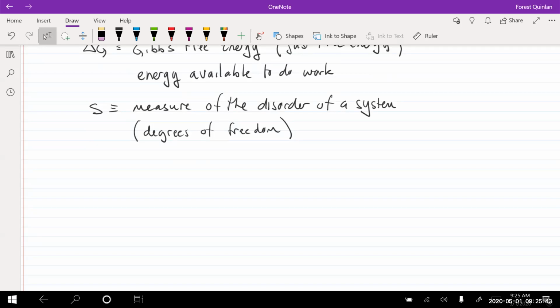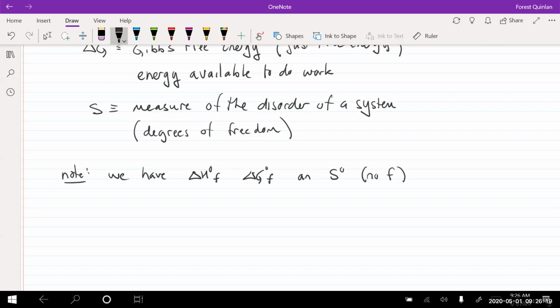Now, I also want to note something here. We can have delta H naught of formation, delta G naught of formation, and S naught, no F. Now, this is because there's no such thing as forming entropy from the elements.